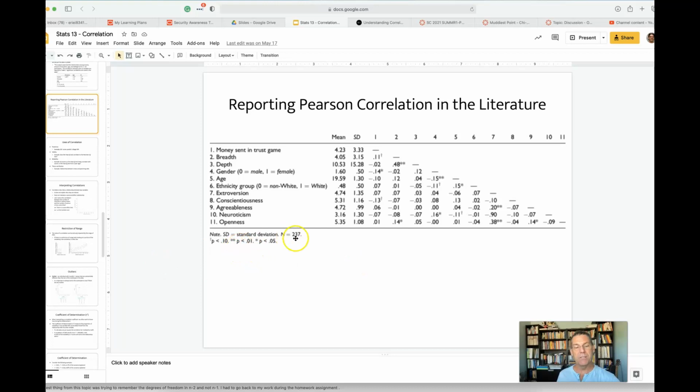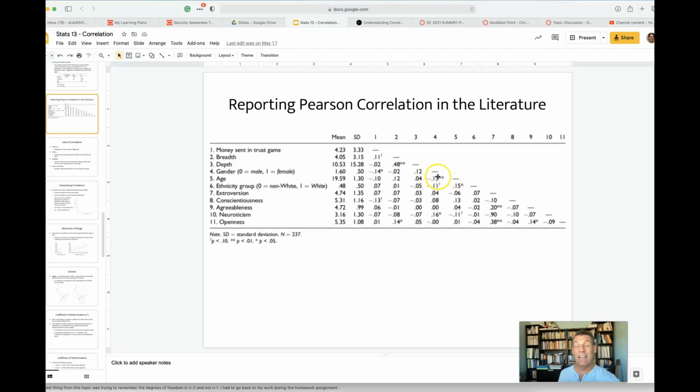And then in terms of the asterisks, it's typical that you're going to have one asterisk for a p less than 0.05 and two asterisks for a p less than 0.01. So the probability of getting these correlations, like this one here, that negative 0.15, has two asterisks.